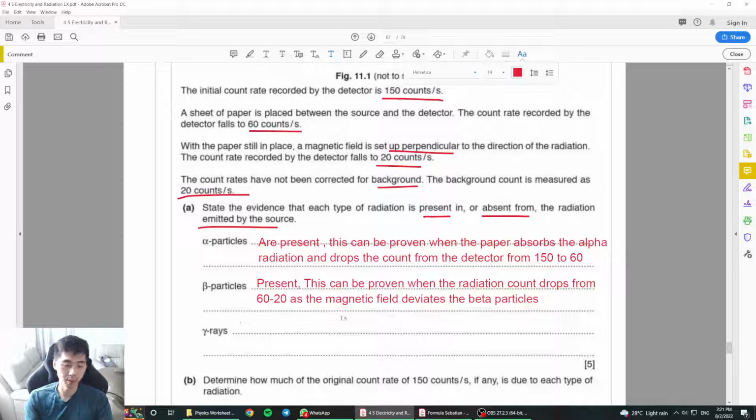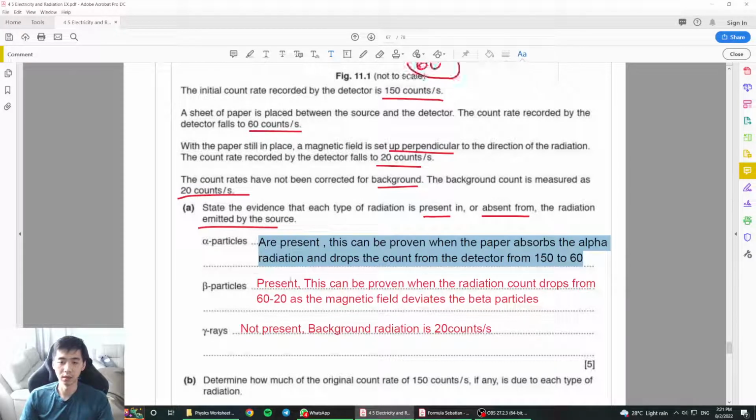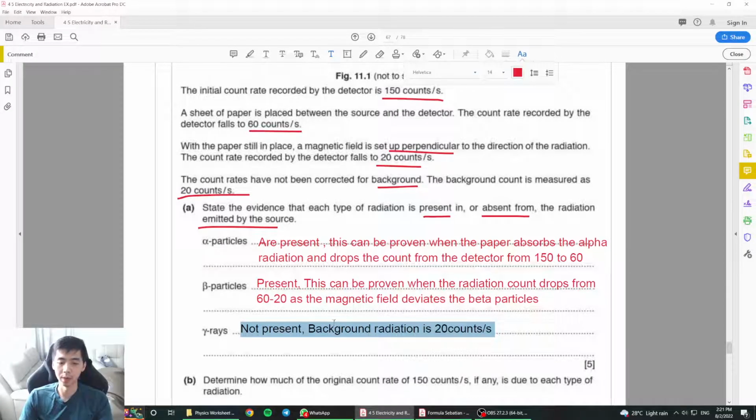And finally, the gamma rays are definitely not present. Why? Because background is already 20. Background radiation is 20 counts per second, right? So there's definitely no gamma radiation. And this is how you're going to get your 5 marks, guys. Everything here. For those who are too slow, please pause the video and copy it down later.